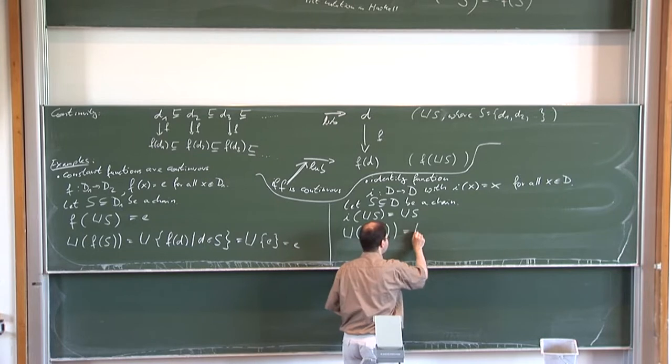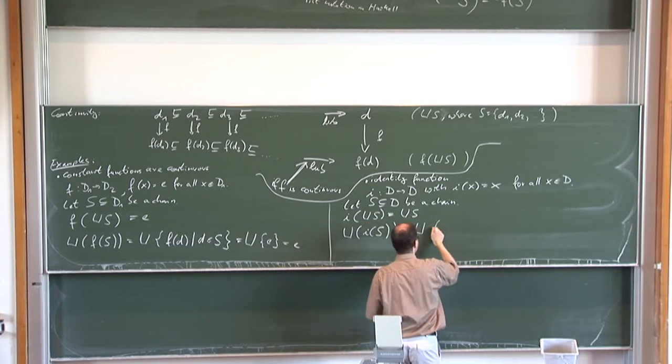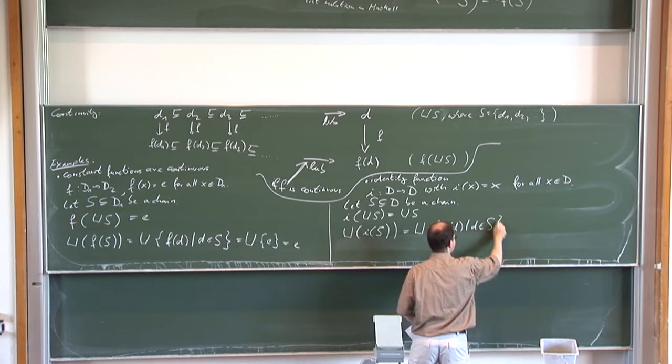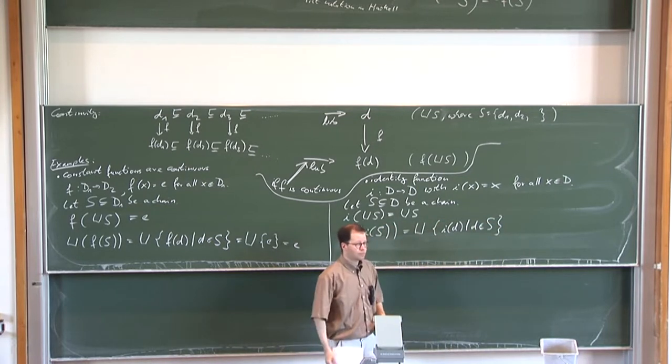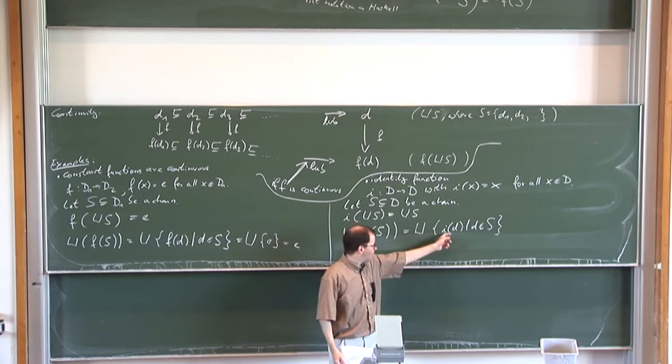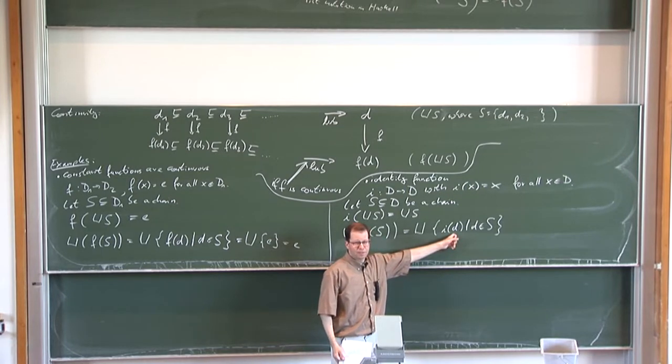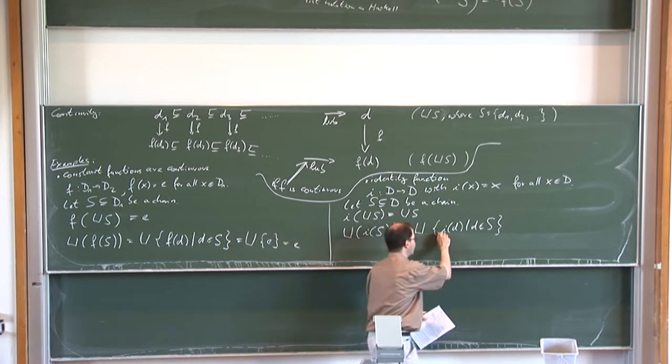So if I write it down in usual notation, this would be the least upper bound of I of d for every element d of S. Now I of d is the same as d, right? I is the identity function.